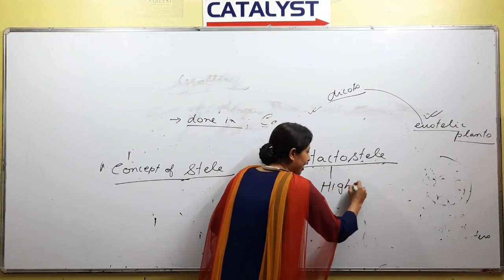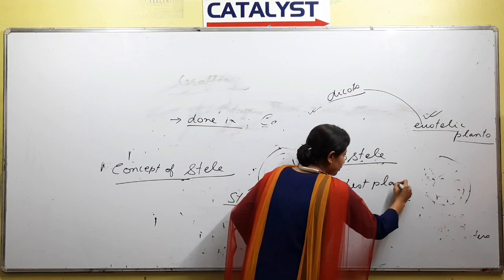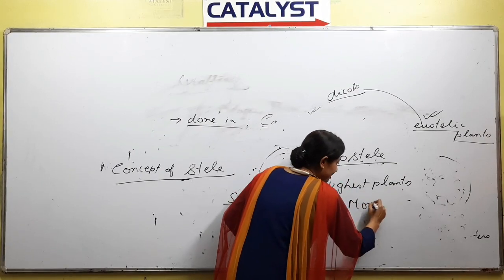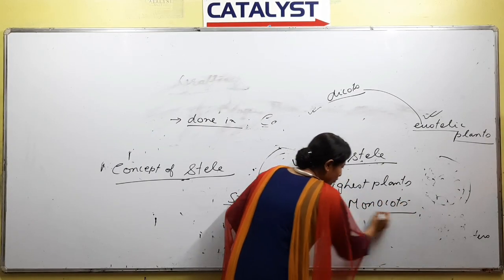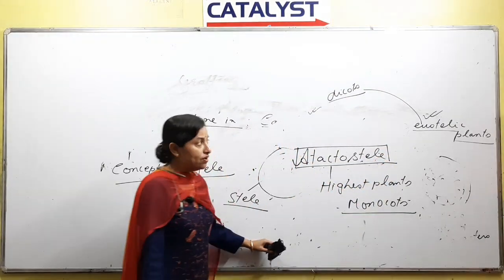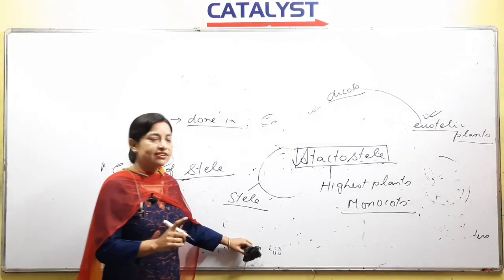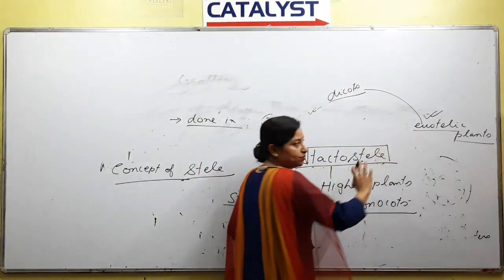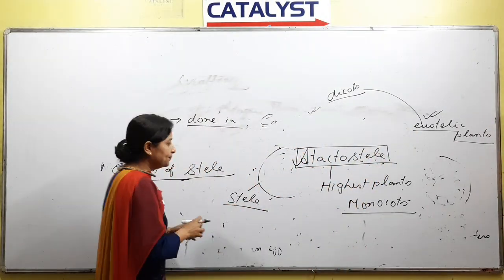Monocots. In monocots you see this stellar structure, which we call ectactostele, and in dicots you see this stellar structure, which we call eustelic. Is the point understood now?